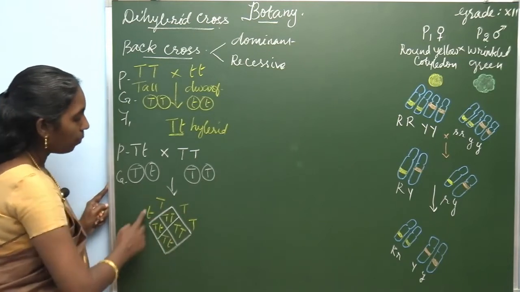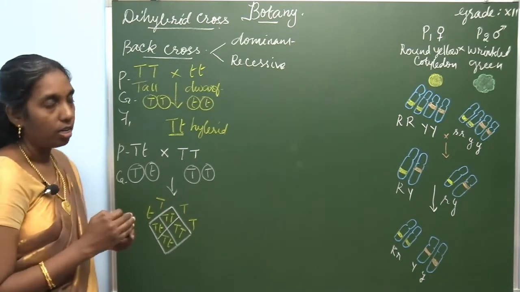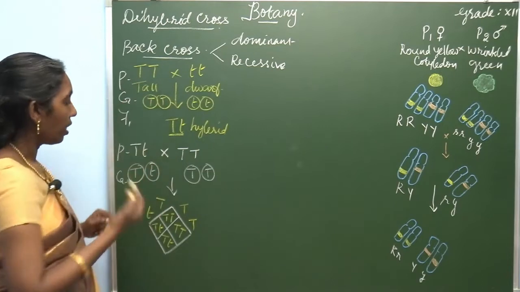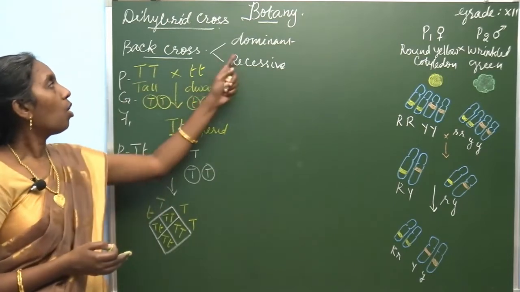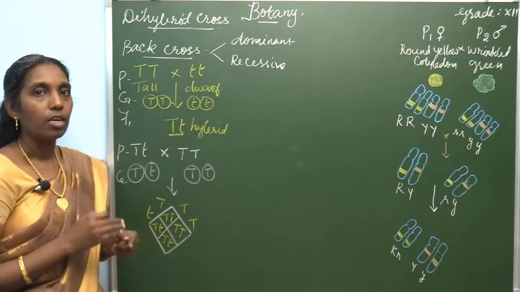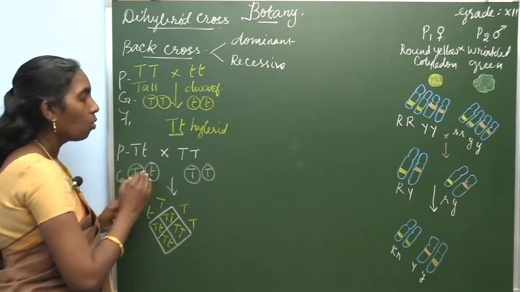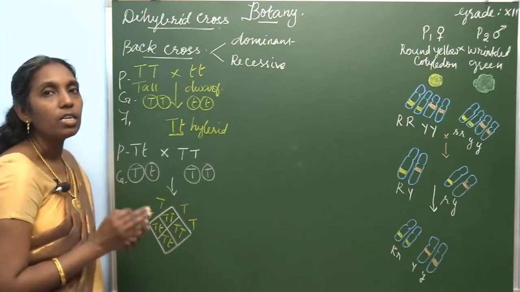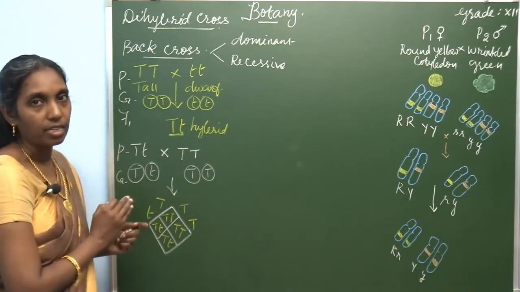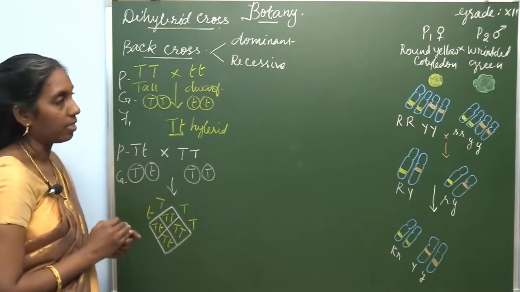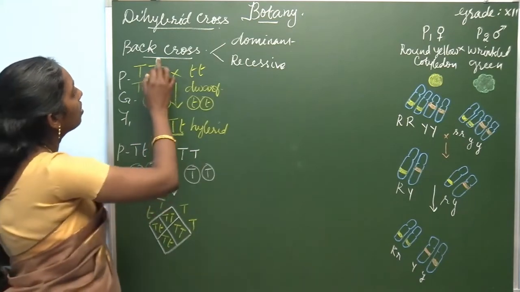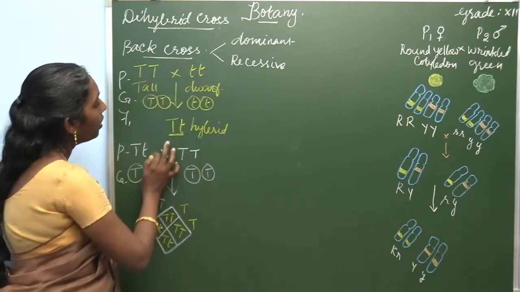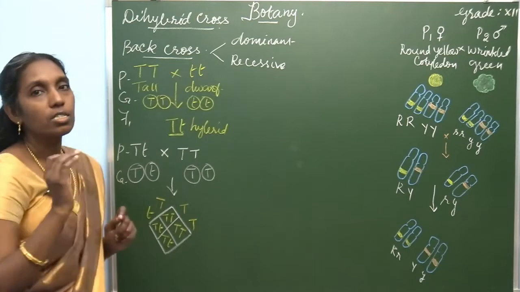So, all produce tall. The dominant character will express. So, in dominant back cross, if you cross the hybrid with a dominant parent, it produces all dominant character. Let us see how this hybrid is crossed with the recessive parent.